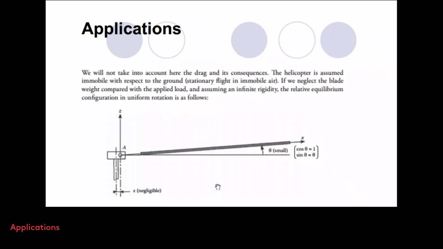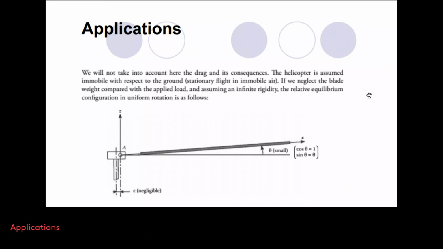So let's continue to read the question. We will not take into account here the drag, so the resistance of the air will not be considered and its consequences. Okay, the helicopter is assumed immobile with respect to the ground. Stationary flight in immobile air.